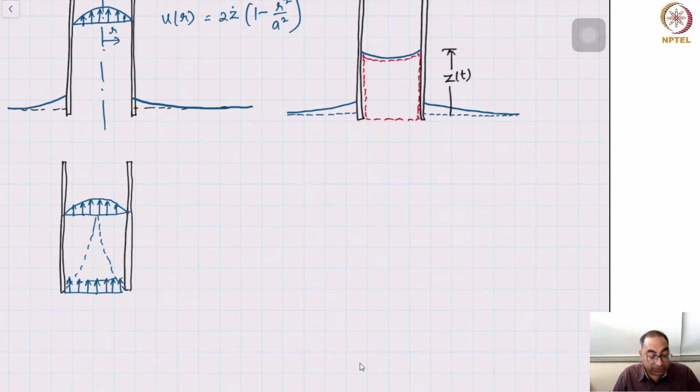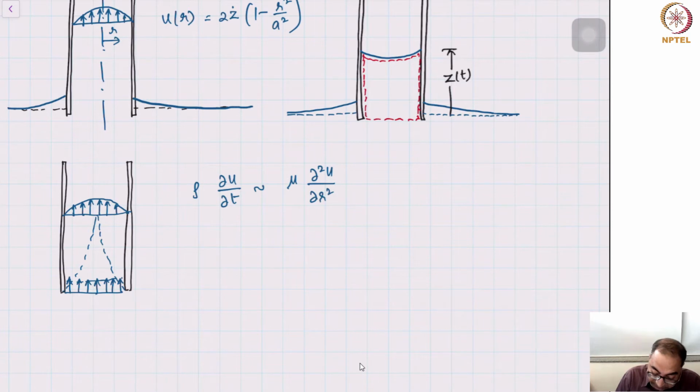Now there is a time scale associated with this process. How do we get the time scale? If I say that the boundary layer is growing by a diffusion process, then the time scale would come from density times del u by del t, which is basically the local acceleration. These are the dominant terms.